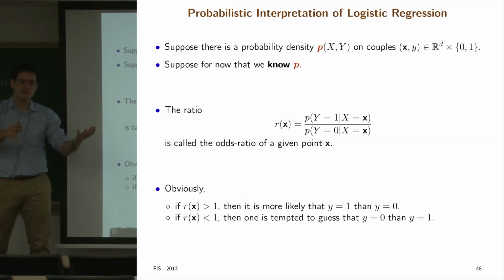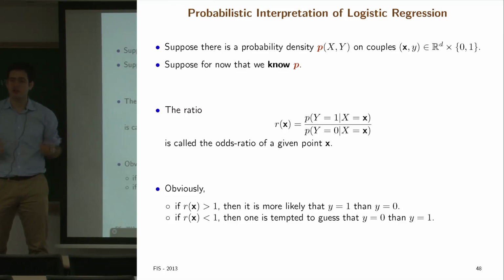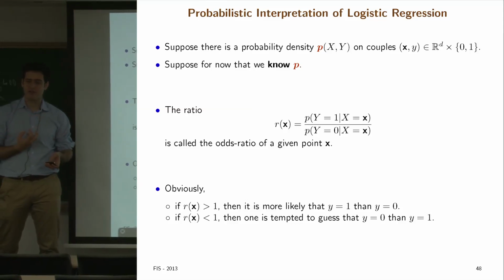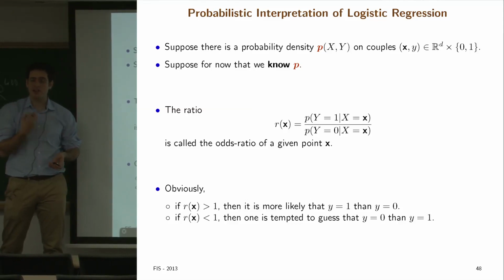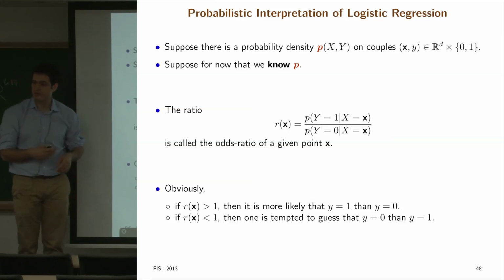I assume that features and labels are related in some way in nature, which is governed by this probability. Now there's something that I call the conditional probability: you give me just the first half of the information, which are the features. What is the probability that that sample has a label of 1? And what is the probability that it has a label of 0?